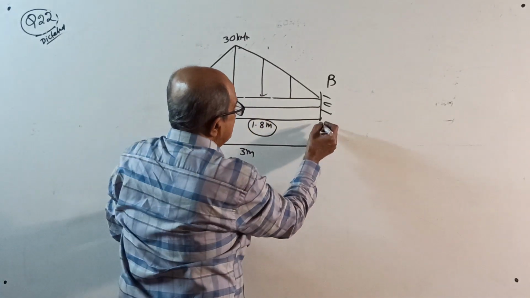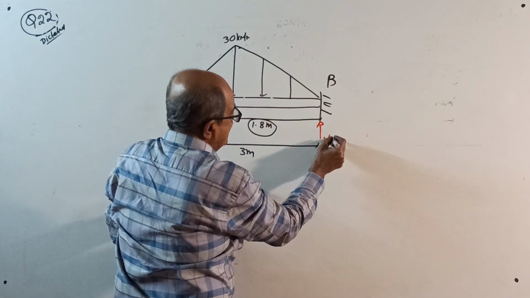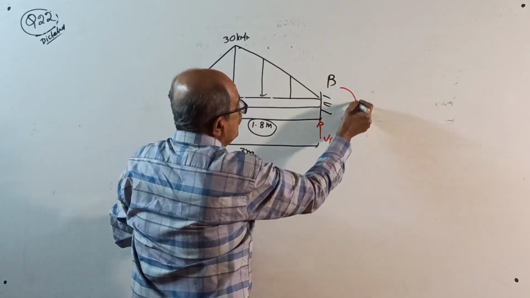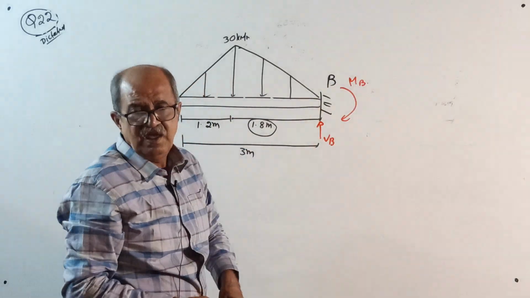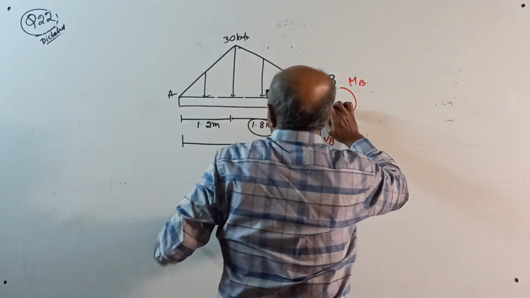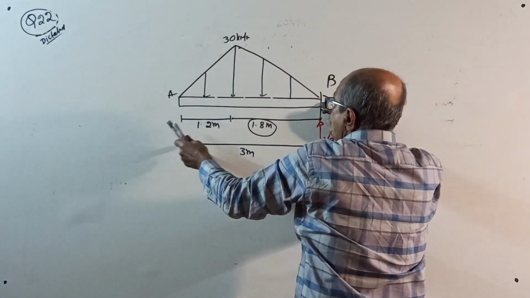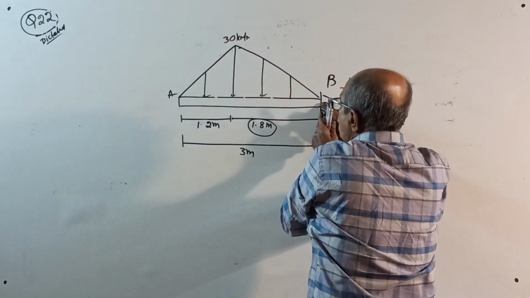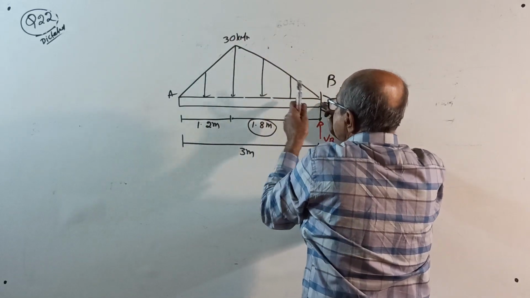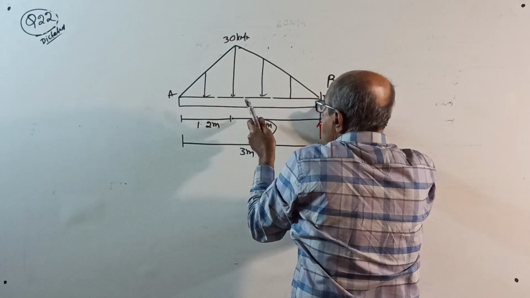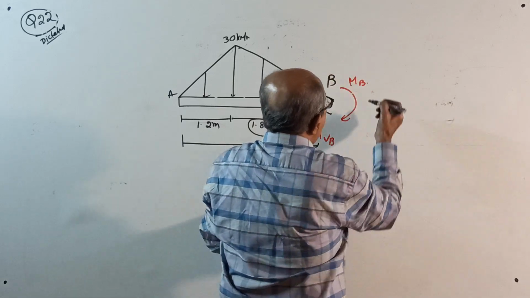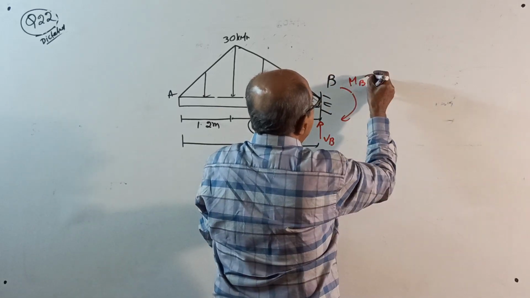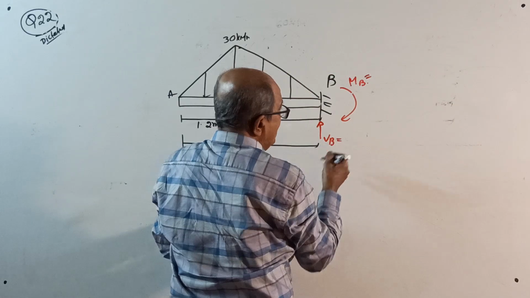Okay, solve the question. Vertical reaction at B. First write the question, write step by step, consider the reaction. I will tell you, take moment about B. Minus half into 3 into 30 into the centroid here, 3 plus 1.8 divided by 3, plus MB equal to 0, you get the value of MB. Sigma V equals 0, you get the value of VB.